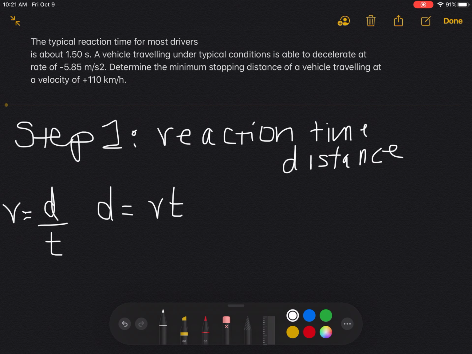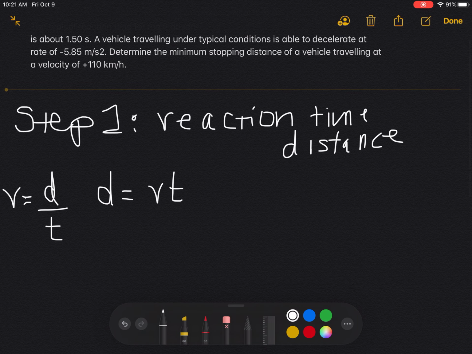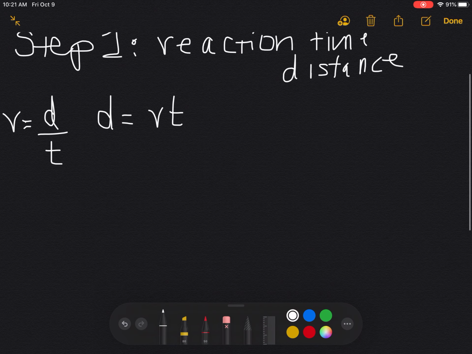Great. One huge problem here is that our velocity is in kilometers an hour, our acceleration is in meters per second squared, and our time is in seconds. So what we need to do here is change our 110 kilometers an hour into meters per second. Then we can actually do this question. So there's multiple layers to this question.